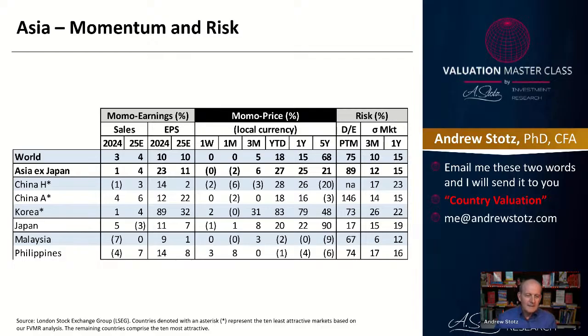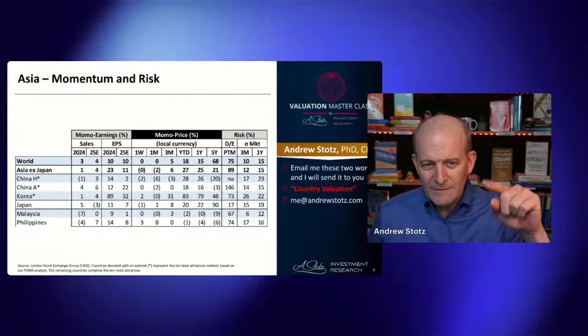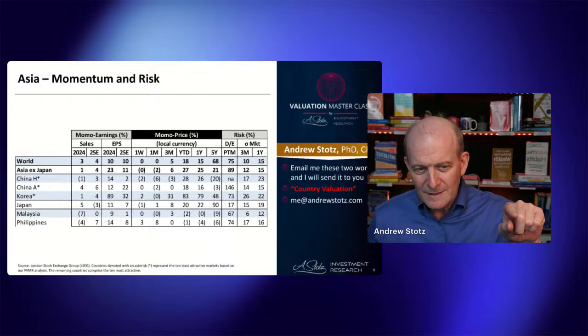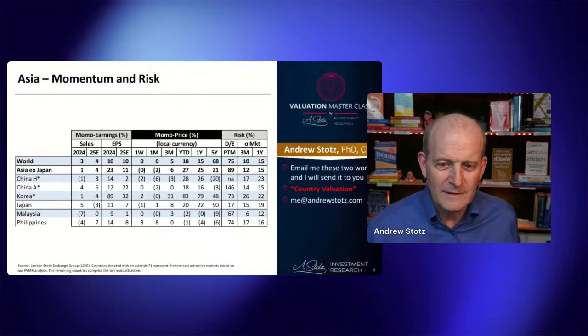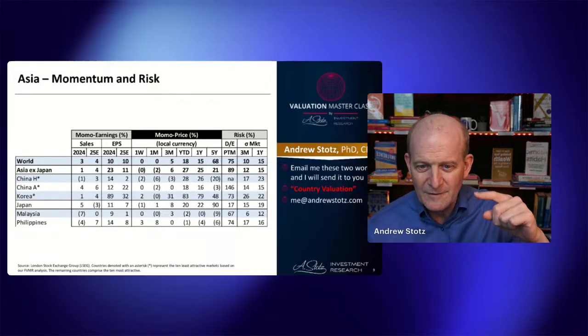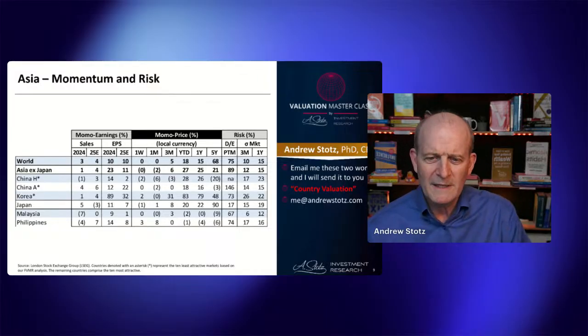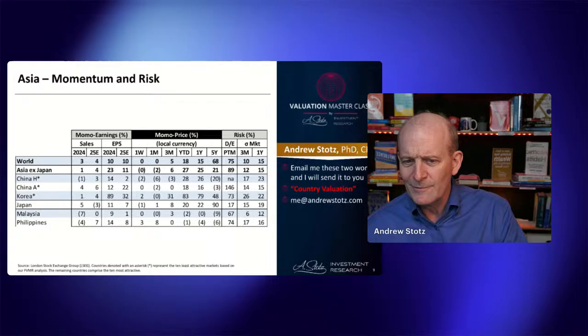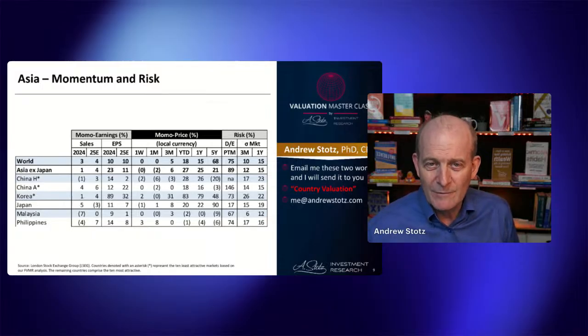But the same problem that we have with PE, we have here with EPS. So what you can see is that there's a lot of volatility. The EPS of different countries is quite different, with Malaysia at 1% and Korea at 32% earnings growth.